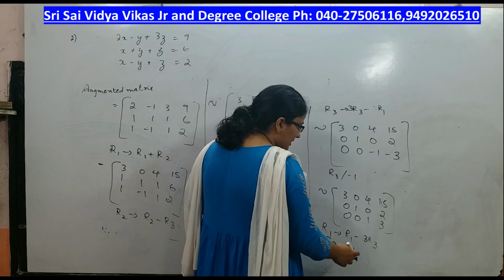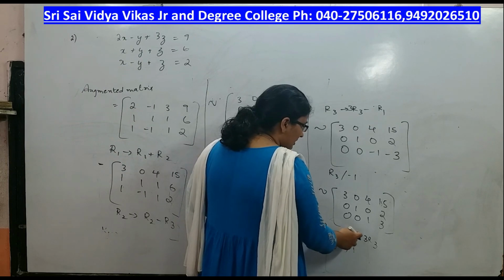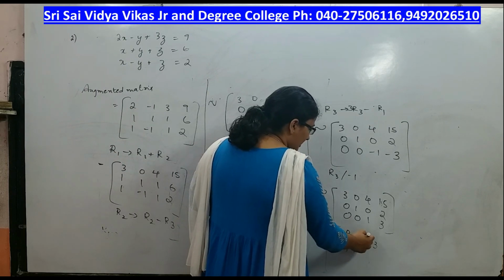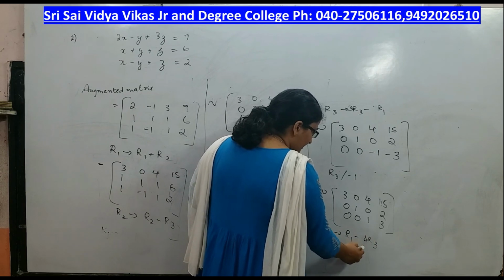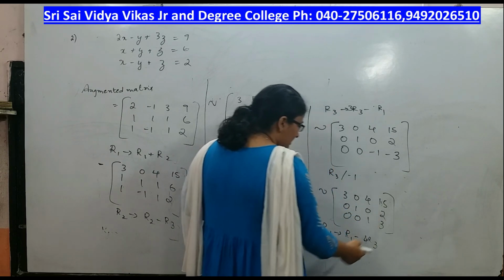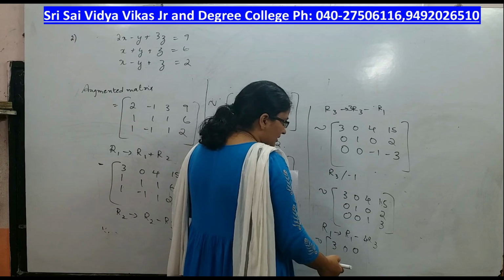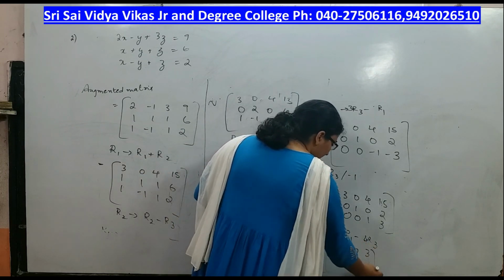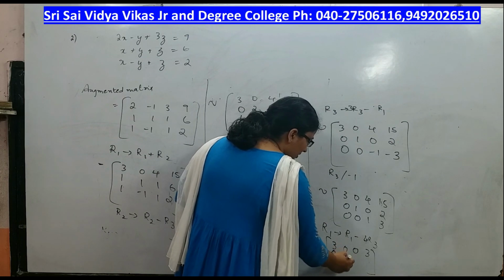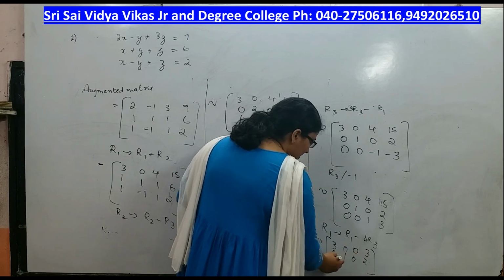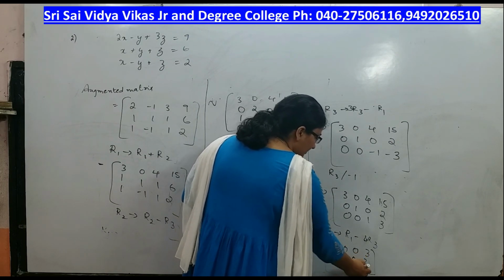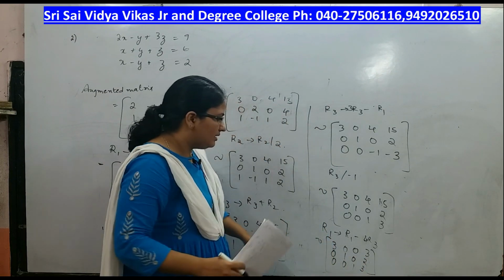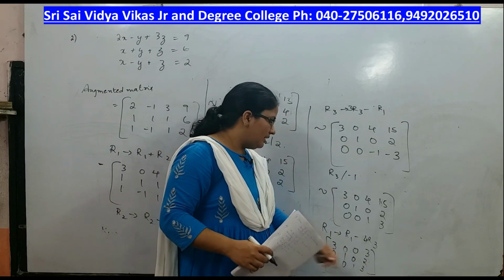We want to get zeros here. 15 minus 12 will give you 3. So here you get 0, 1, 0, 2, 0, 0, 1, 3. Here you get 3, 0, 0, 3.